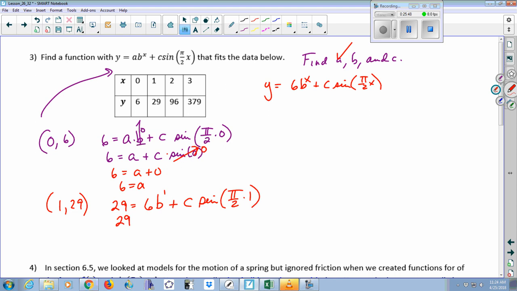So this is 29 equals 6 times B plus C. And what's pi over 2 times 1? It's pi over 2. And what's the sine of pi over 2? 1. So we get 29 equals 6B plus C.